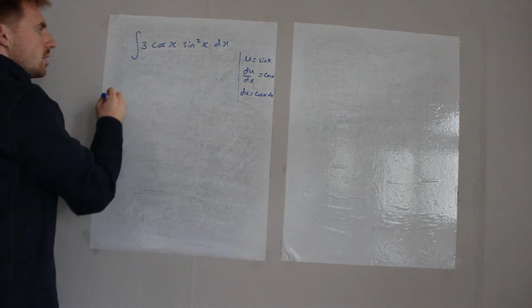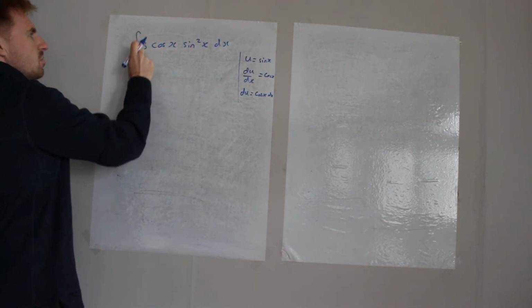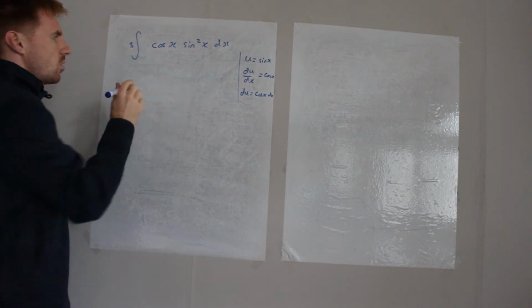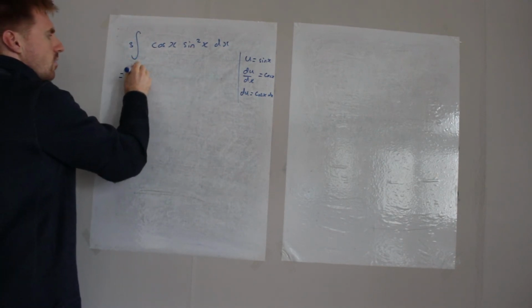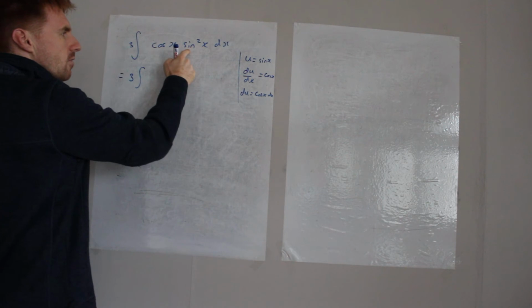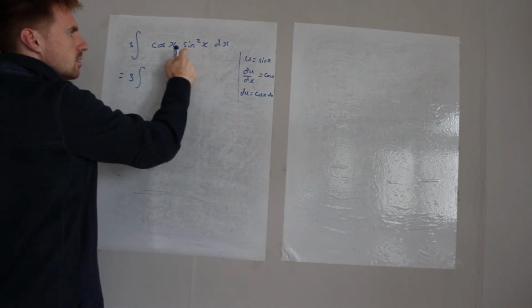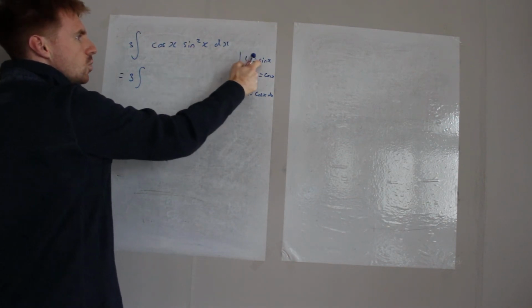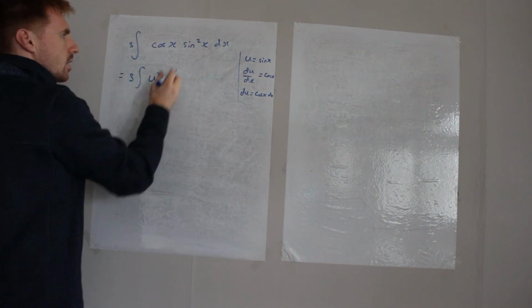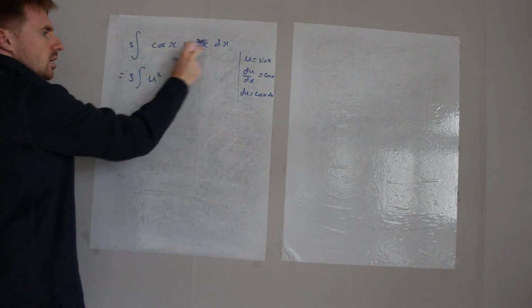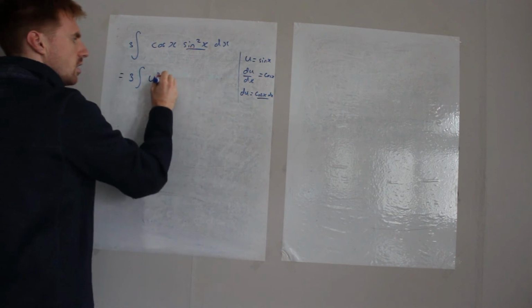Now we've got enough information. That 3 is a constant, so I'm going to put it on the outside, just so I don't need to think about it just yet. So now I've got 3 loads of sine squared x. Sine squared of x is u squared, so I've dealt with that. Cos x dx is the same thing as I've got here for du.